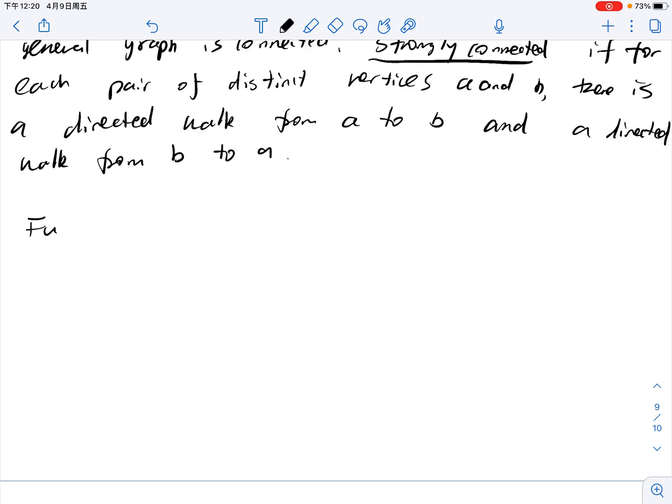And then we also have the corresponding notion for an Eulerian trail.